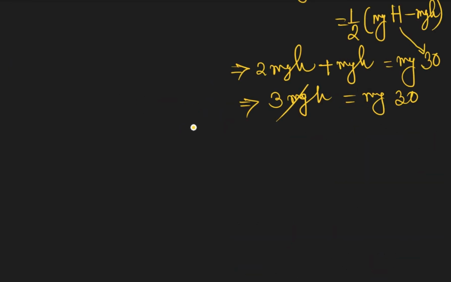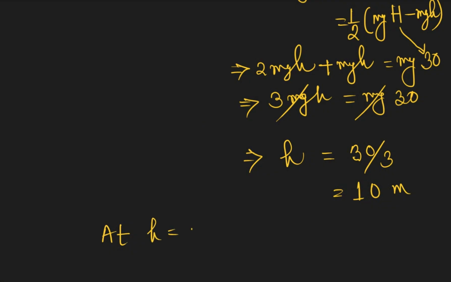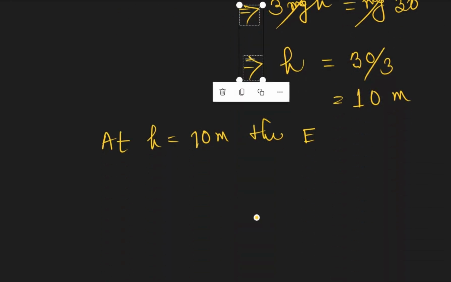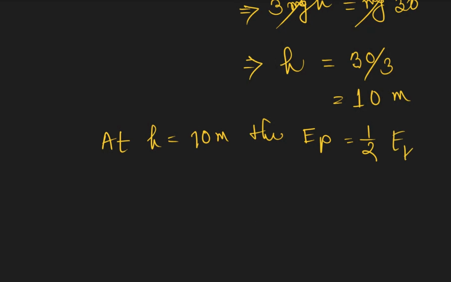From both sides, mg cancels out. So the height h is equal to 30 over 3, so 10 meter. So at h equals 10 meter, the condition is that the potential energy is equal to half of EK. So this is the answer for the first part.